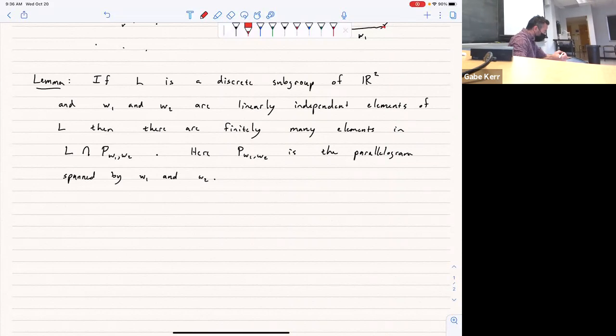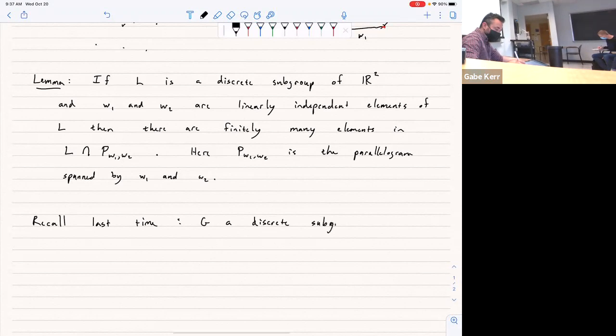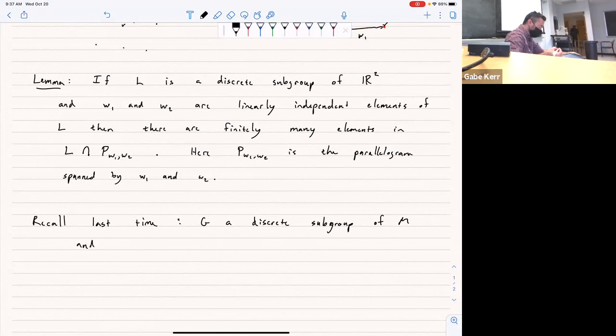Last time we ended on a proposition which said that, so recall, last time, that if G is a discrete subgroup of isometries, and L is the group of translations in G. In other words, it's the set of elements a in R2 such that translating by that element is an element of G. I guess I should write that in a formula.